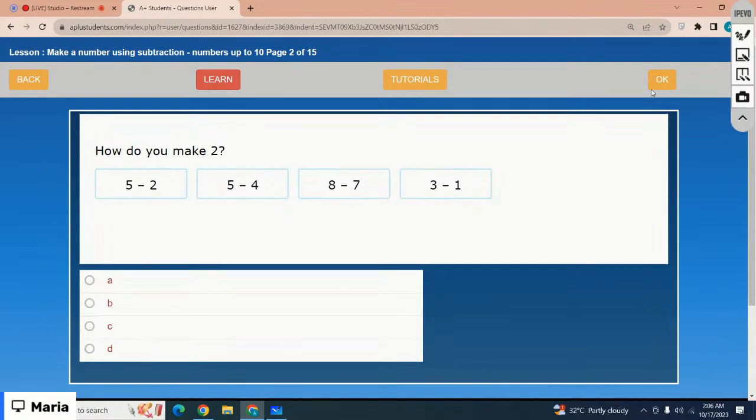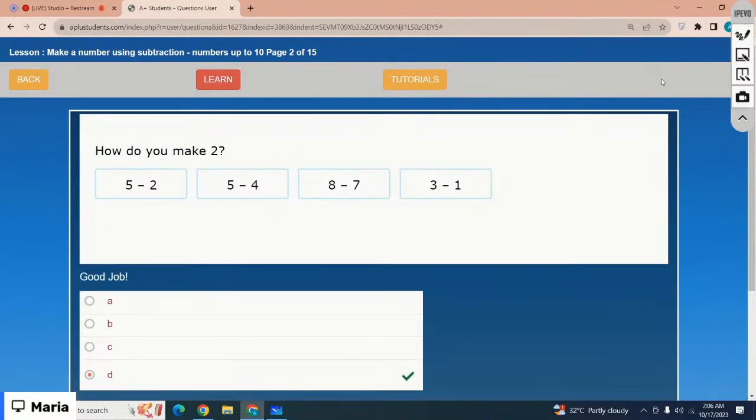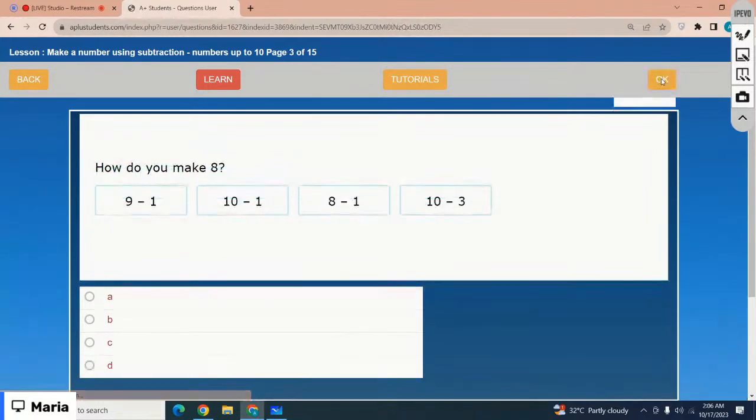The correct option is, very good, 3 take away 1. The only option that is correct is 3 take away 1, right? Option number D is the correct option. That is the only option that makes 2. Got it?